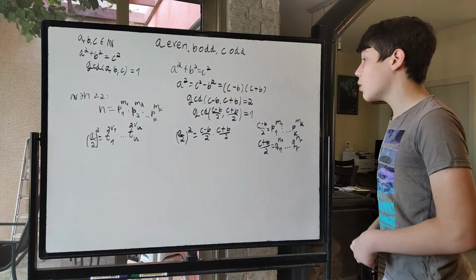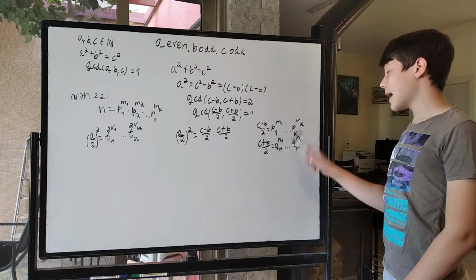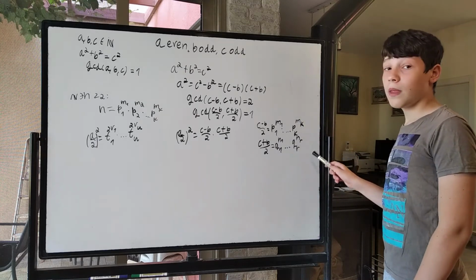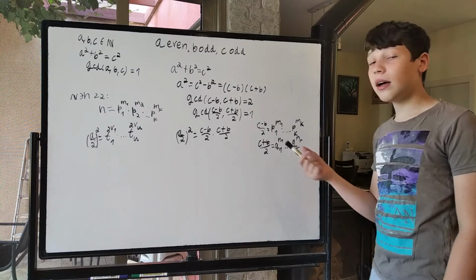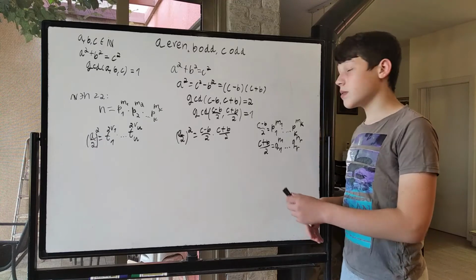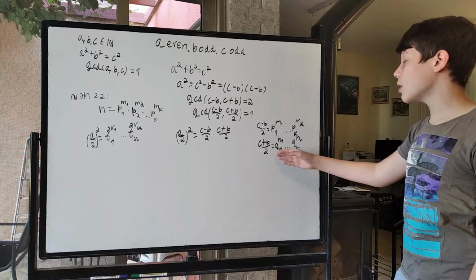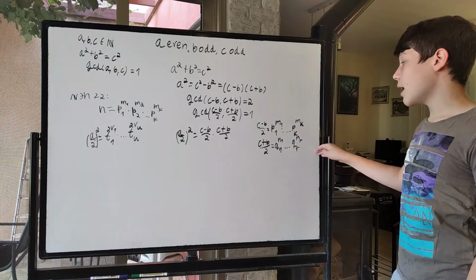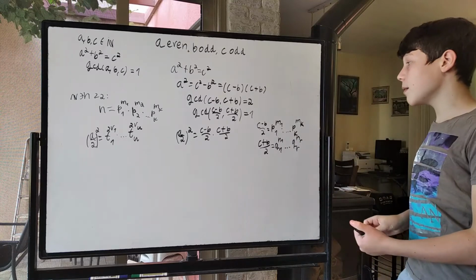And because each one of them represents exactly one power between m1, mk, and n1 till nr, we know each one of these has to be even. And if they're even, we can represent them as 2x1 up until 2xk, 2y1 up until 2yr. And then we'll be able to factor 2 out of everything.